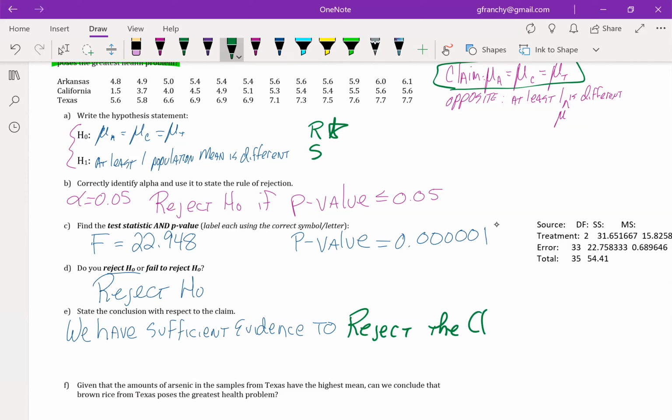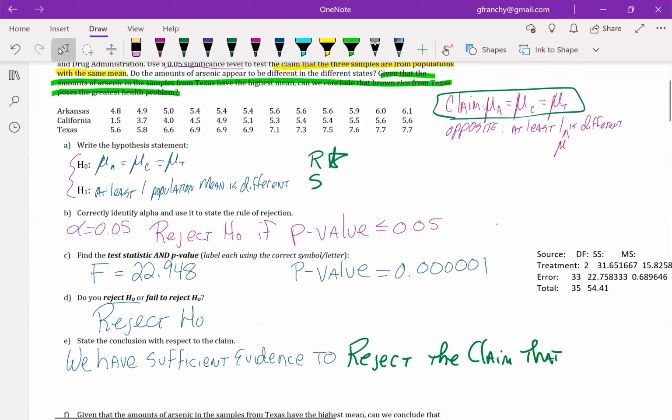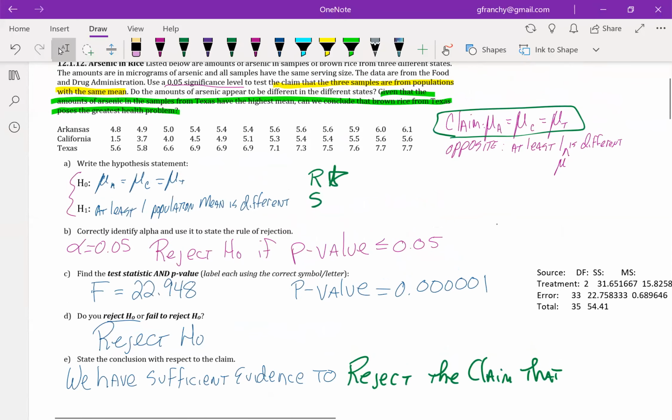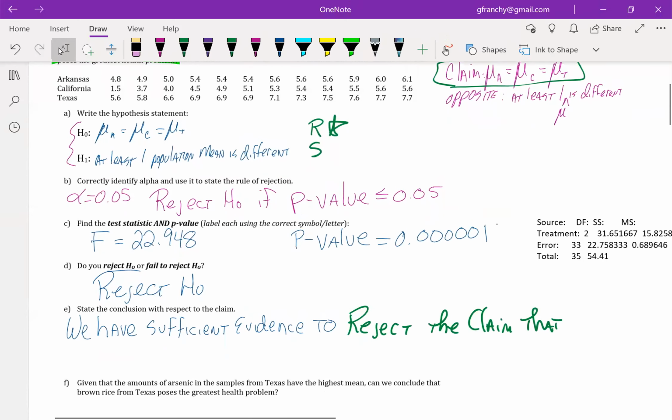Reject the claim that the 3 samples are from populations with the same mean.